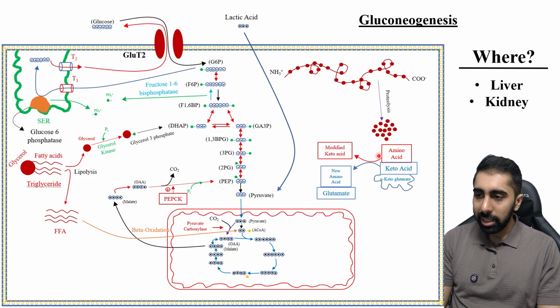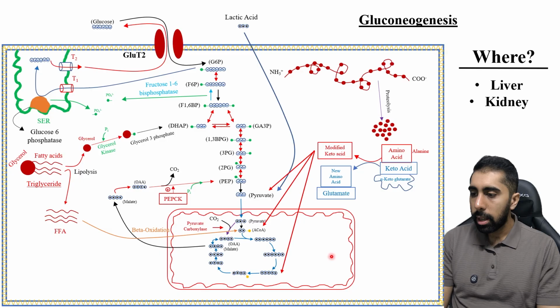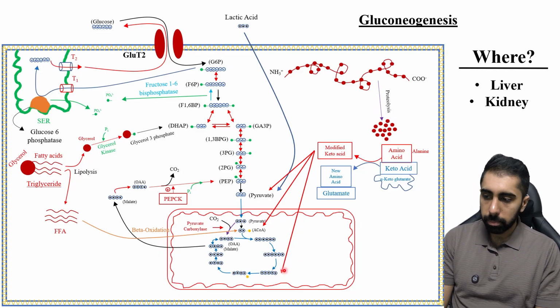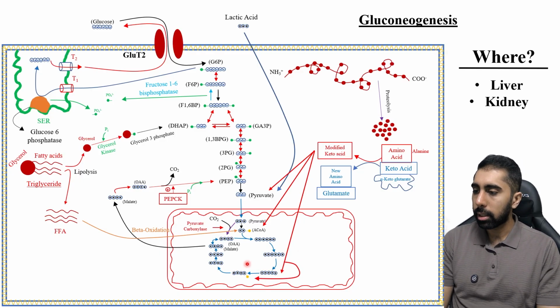In other words, in this transamination step, the keto acid turns into a new amino acid, which in this case is alpha ketoglutarate turning into glutamate, and our amino acid turns into a modified keto acid. For instance, alanine can turn into a modified keto acid, which eventually can be pyruvate, acetyl coenzyme A, or succinyl CoA, it can be everything.